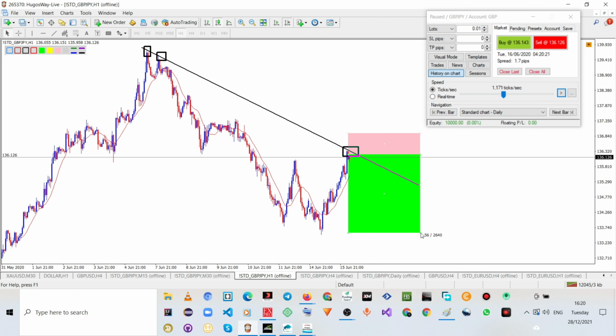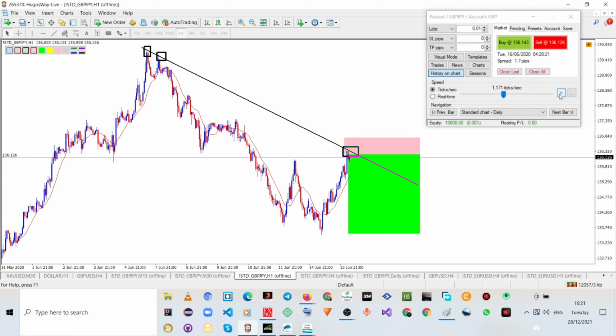You can see that the risk reward ratio is pretty high, and my previous high is this high right here. But I'm going to be moving it a bit lower to use this swap zone as my stop loss and make my trade a bit tighter.